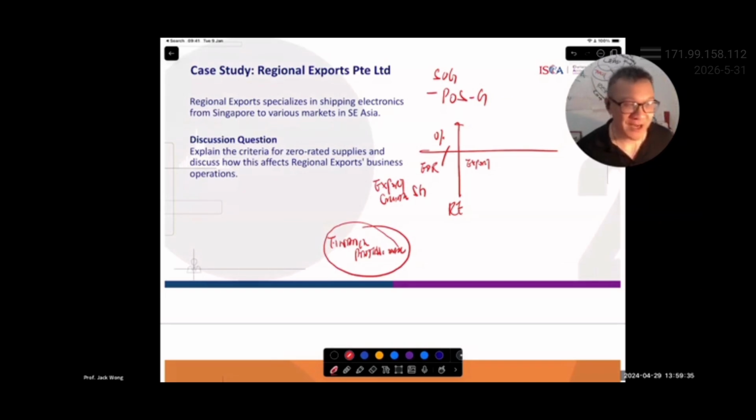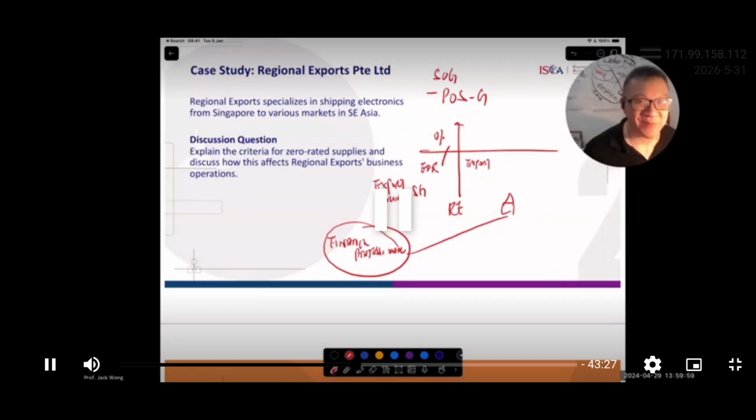You are a financial professional, and what do you do? You look at the numbers in your office, but who keeps track of the movement of goods in your company? It could be the warehouse manager, or just the warehouse guy. Do you expect the warehouse guy to know GST? Of course not. This is where the breakdown happens.